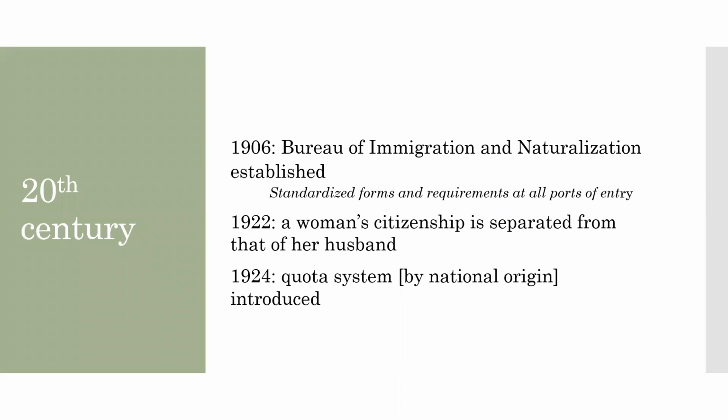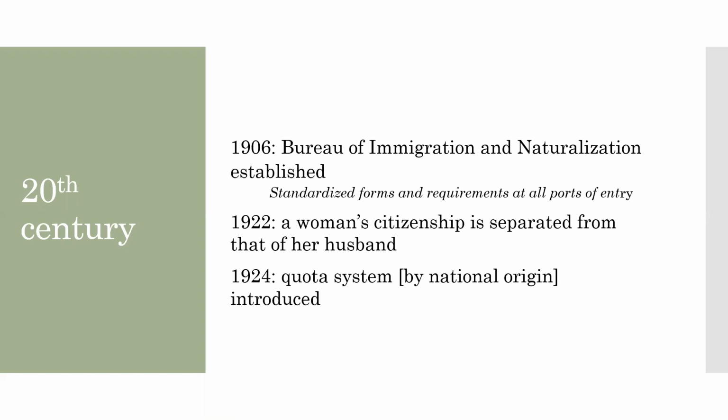And then in 1906, the Bureau of Immigration and Naturalization was established. They did standardized forms and requirements for entry at all of the ports of entry around the US. I'm not really talking about naturalization today, but this also is the point where naturalization is taken over by the federal government. Before this point, any court in the US, from a county court up through a federal court, could naturalize somebody.